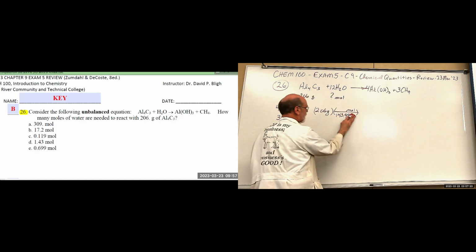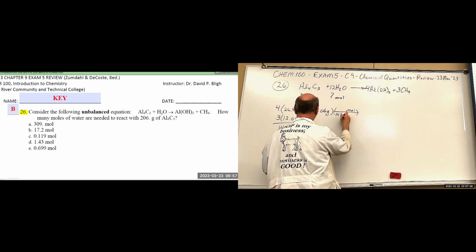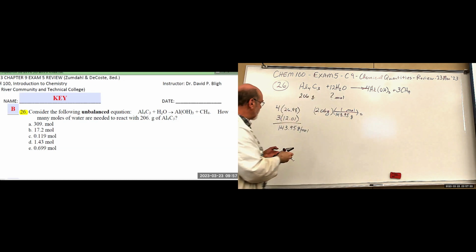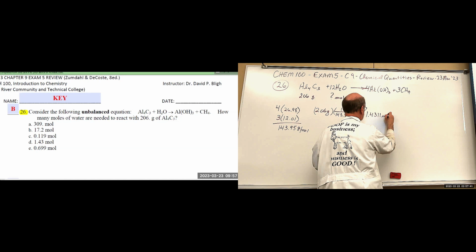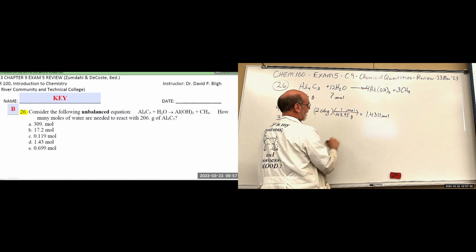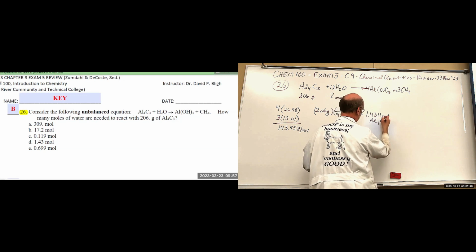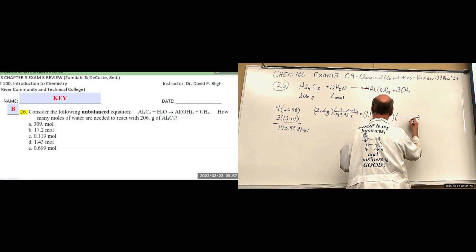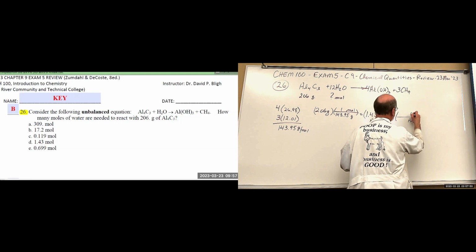That's kind of sloppy. Let me fix that. 143.95 grams per mole. Okay, we're going to divide that into 206. So that's 1.4311 moles of aluminum carbide. Okay. So we want to convert that to moles of water.